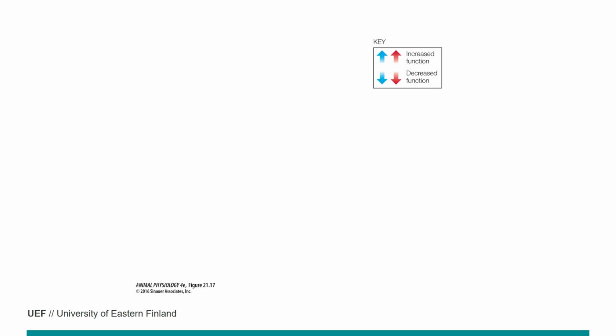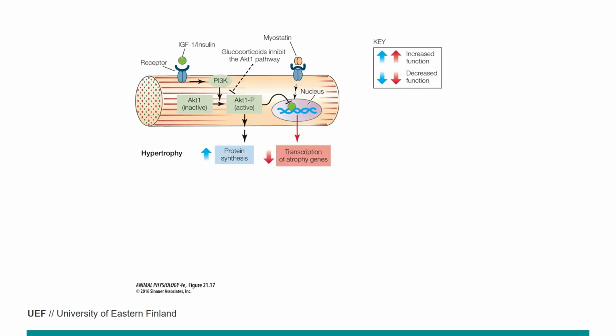And how does it work? Well, it starts from insulin or insulin-like growth factor, which bind to the receptor and affect a cell signaling pathway. One key element of the cell signaling pathway is AKT1.